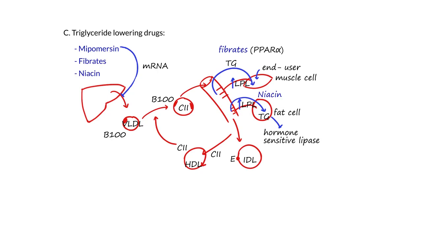And that's a really big idea because what it means now is that we can't release free fatty acids. And it is an increase in free fatty acids, showing that you've got a fasting state, that actually stimulates the liver to make more VLDL. So niacin not only increases lipoprotein lipase for fat into the fat cell, but it's also going to block its release, affecting the liver production of VLDL.